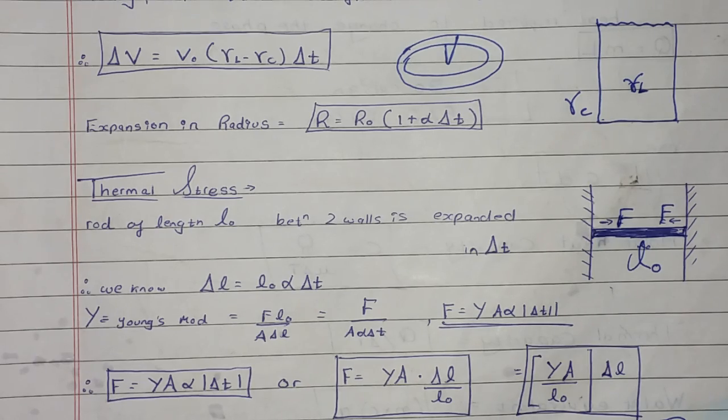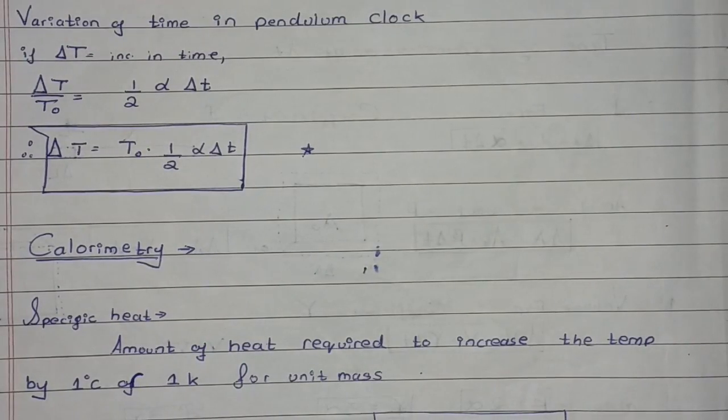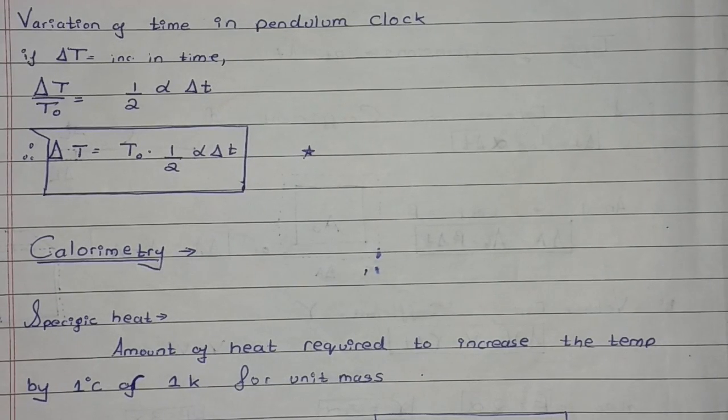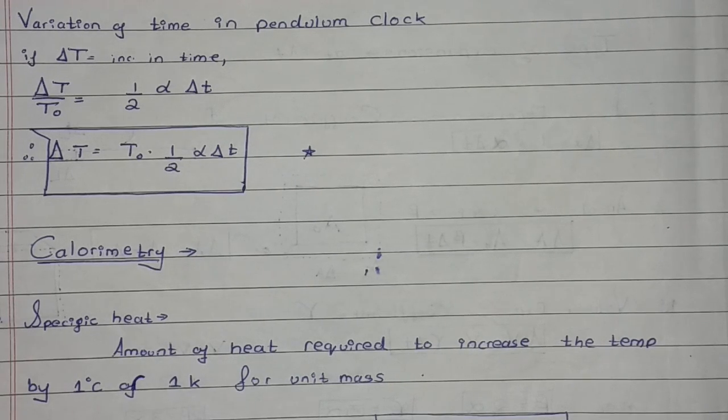Let's get on to the next. Now here we have variation of time in a pendulum clock. Suppose we have a pendulum clock which is at a certain room temperature, and if we heat that, then the pendulum would be expanded. That would definitely affect its oscillation and its time period, and we would have a change in its time, where capital T is time here.